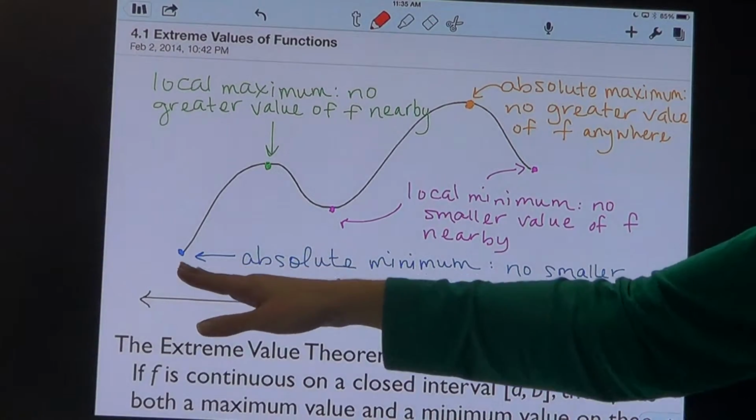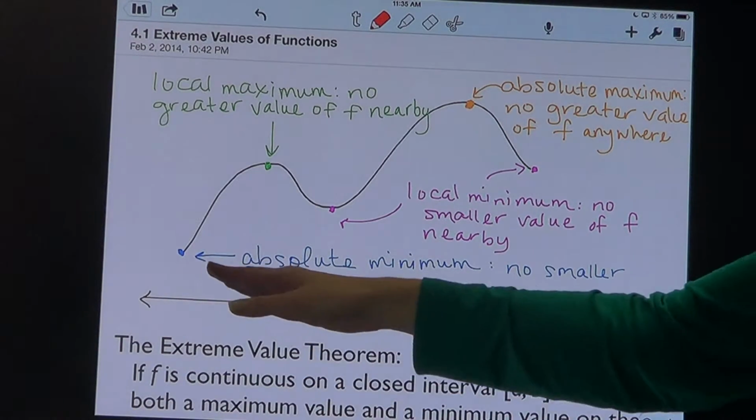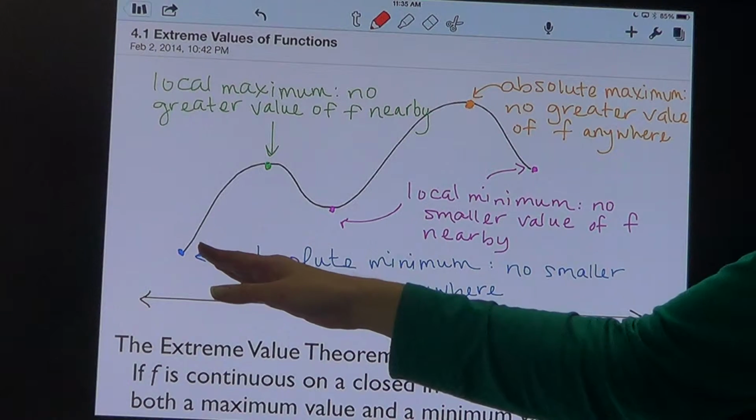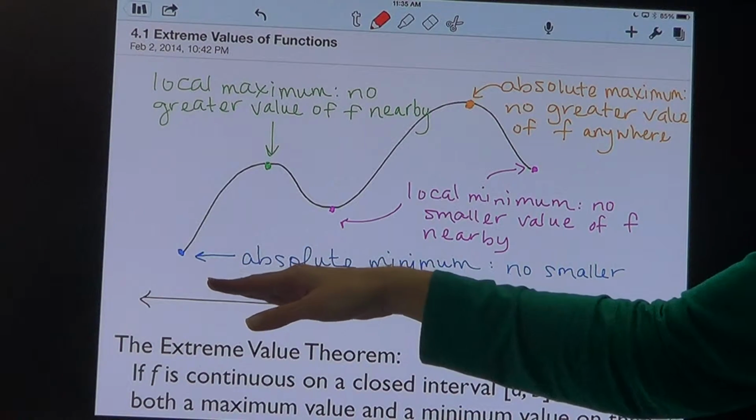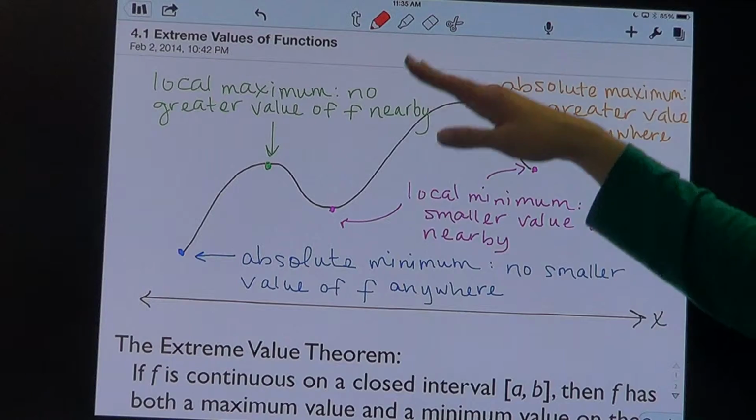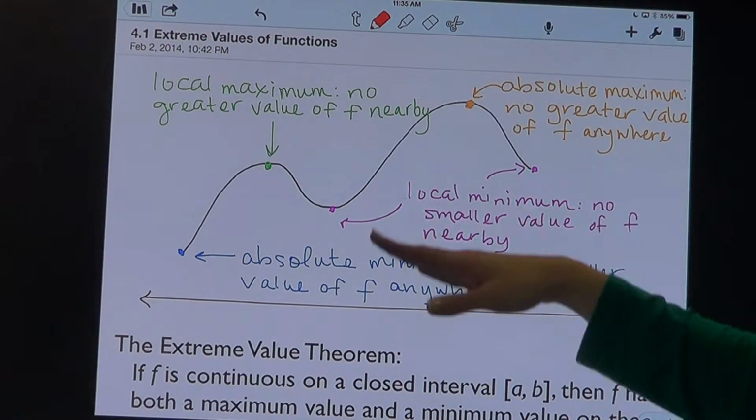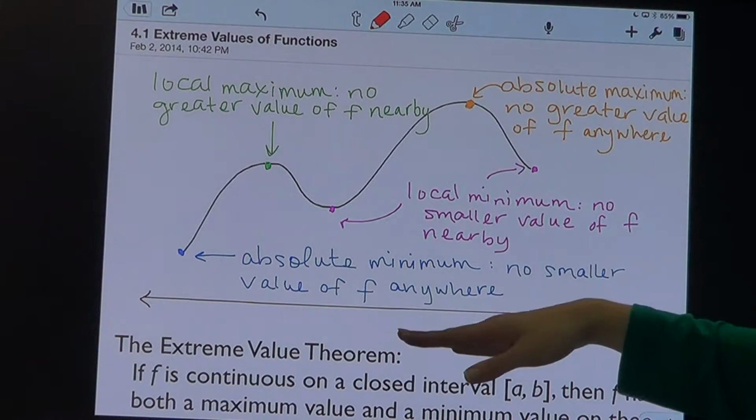So the absolute minimum is the very smallest point on the function, and when we're talking about small, we're talking about really the y values. For how high and low it is, we're talking about the output values.